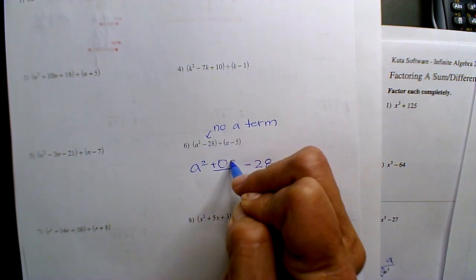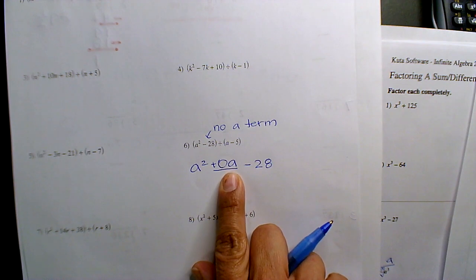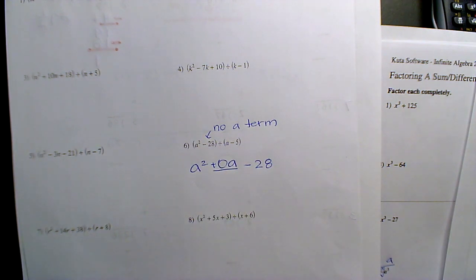A placeholder is when you're doing long division or synthetic division, you have to create a placeholder for whatever term's missing. It has to be a proper progression of, say, a cubed, a squared, a, constant, or x to the 5th, x to the 4, x to the 3, x to the 2, x to the 1, constant. There has to be a place for each position.